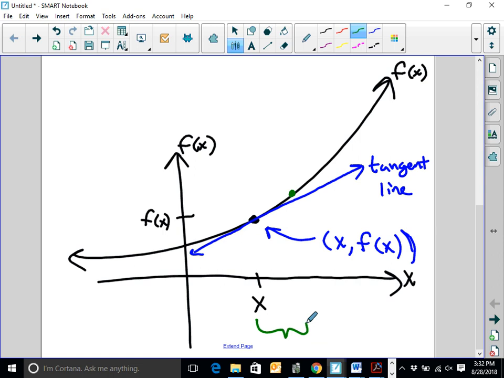So that other point is a distance h away from x. So I'm going to go ahead and name that point now. I'm going to call that new point x plus h. Its corresponding y value we would call f of x plus h.